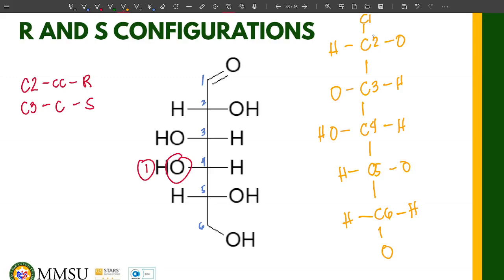So, kay carbon 2, ang naka-attach sa kanya is C, O, and hydrogen. Si carbon 6, oxygen, hydrogen, and hydrogen. Baliktad to. O and C. So, parehong oxygen, oxygen. So, carbon versus hydrogen.